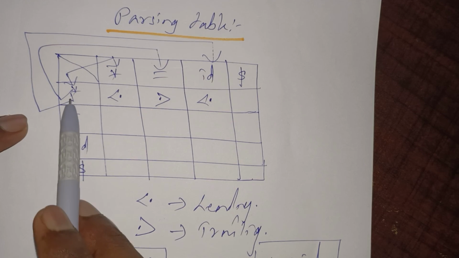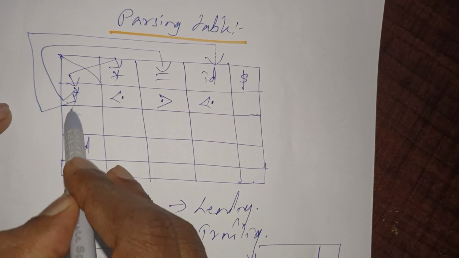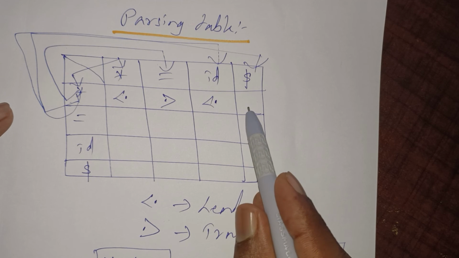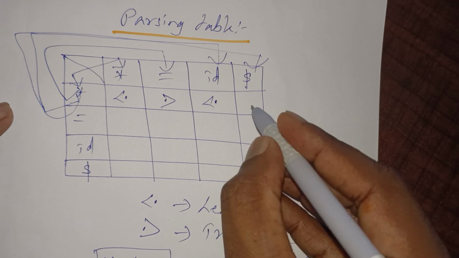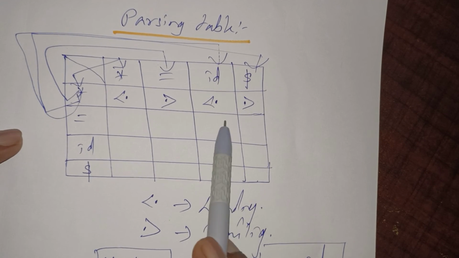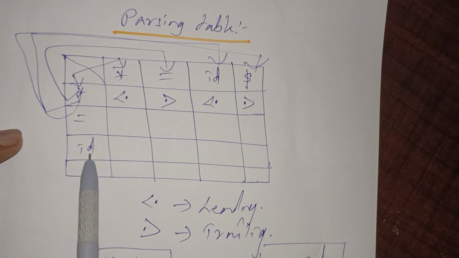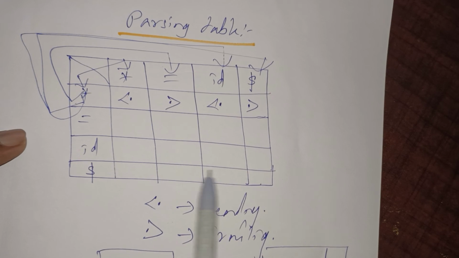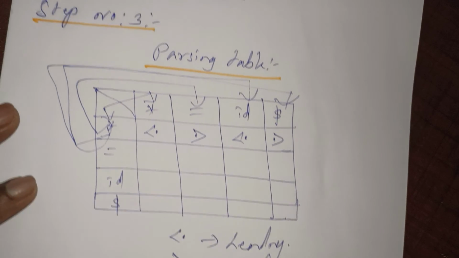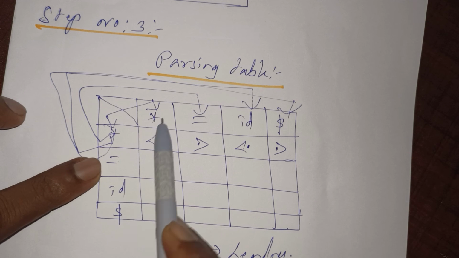Now I am checking asterisk and dollar, right? Asterisk and dollar represents the leading symbol. All the values for the remaining equal to, ID and dollar, we need to construct in the same way by seeing the previous step.